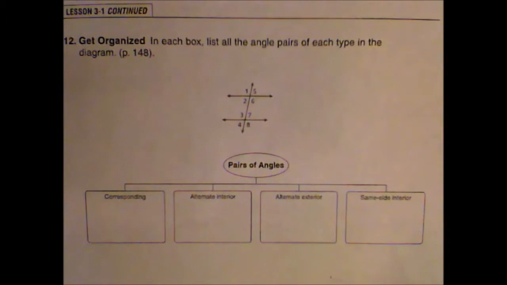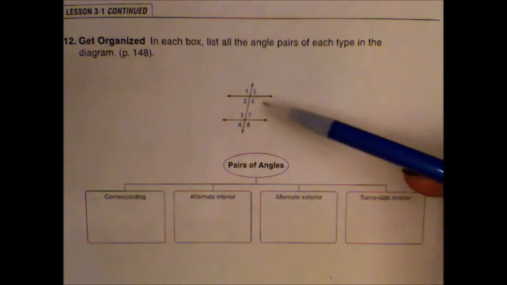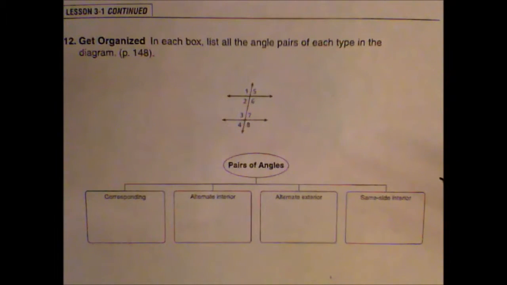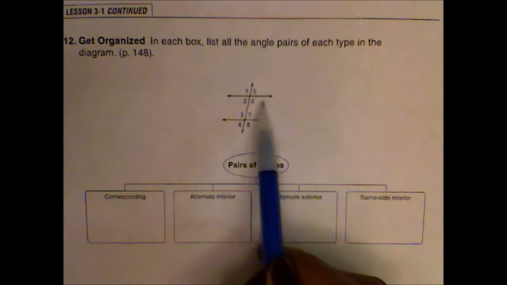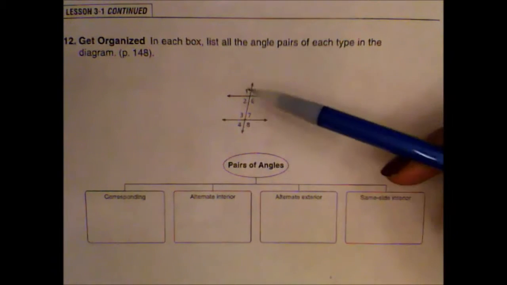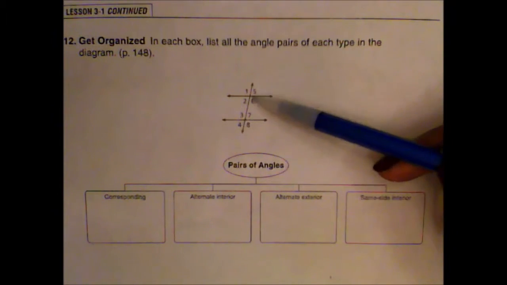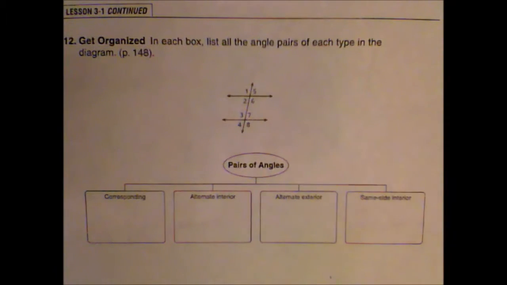Okay, let's get started. So first, we have to understand the picture before we can answer the question. So what I see is two parallel lines and a transversal going through them or intersecting them. Now, a transversal is a line that intersects two coplanar lines at two different points.